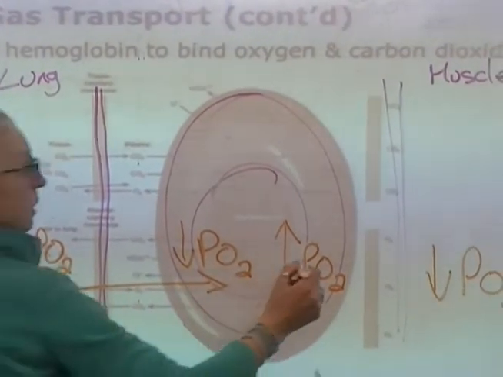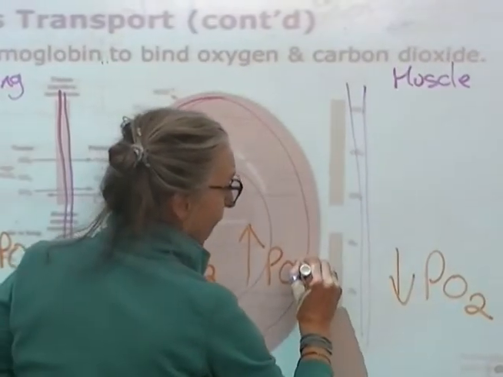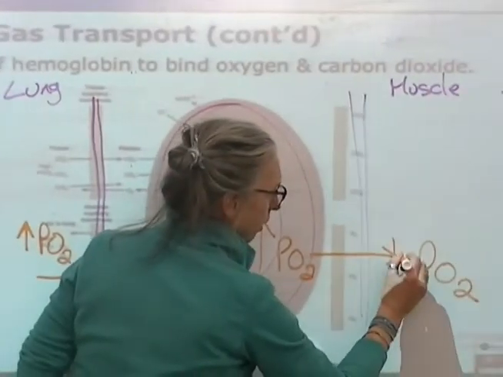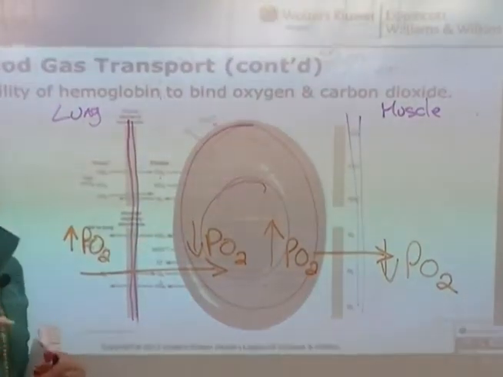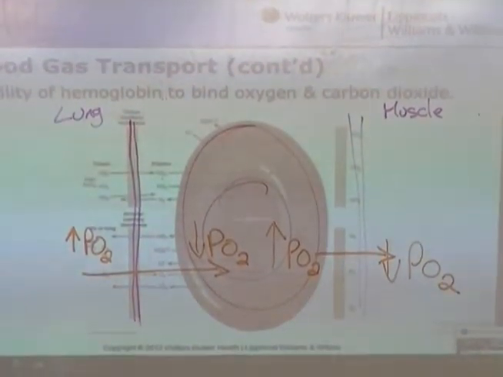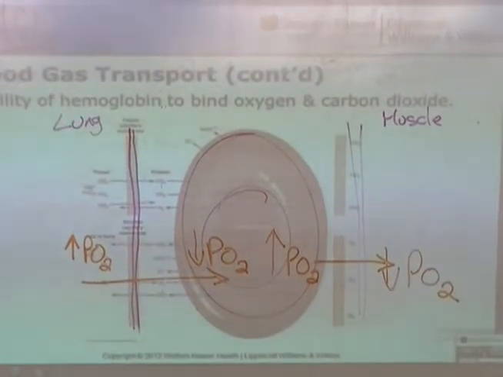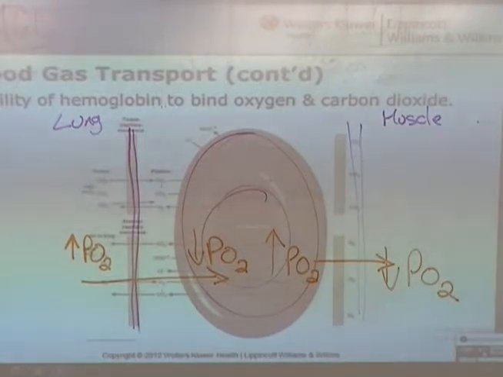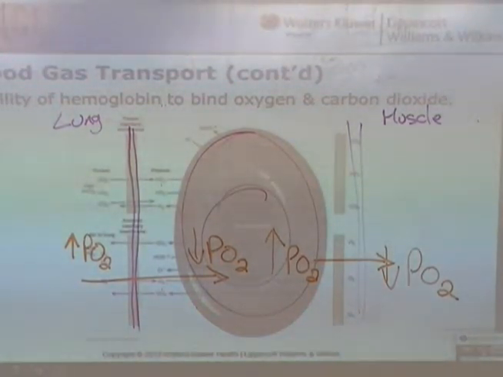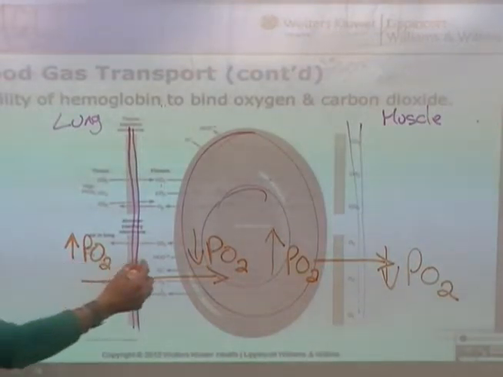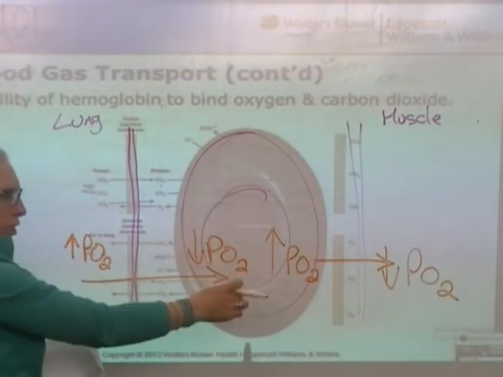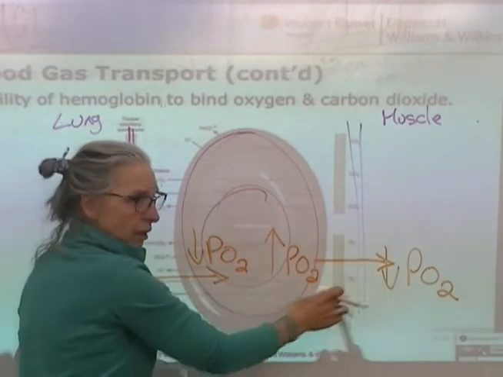So now I can move oxygen off the hemoglobin, especially if we take into account temperature rise and acidity rise, which is benefiting shifting the oxygen off the hemoglobin. So our dissociation curve is occurring here.